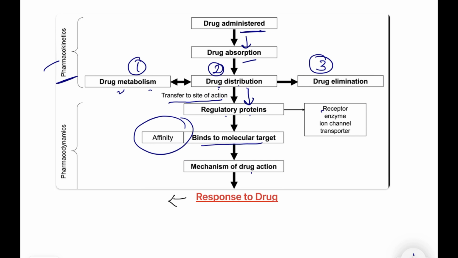Enzyme, receptor, ion channel, transportation, all will happen in pharmacodynamics. So in pharmacodynamics, you can tell clearly how it is bringing a biological response. The response to drug, that means efficacy, how it is showing its effect in the body.